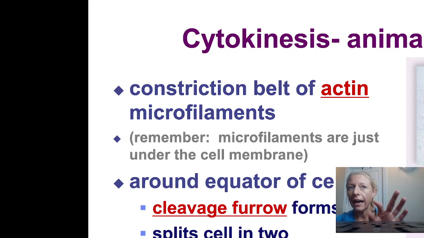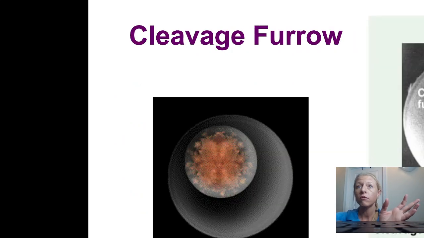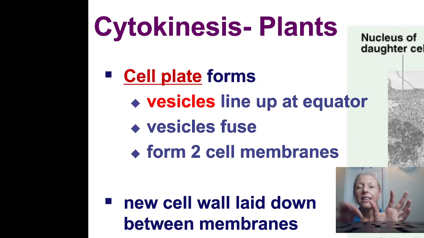Animals have the cleavage furrow, a ring of muscle that tightens and snips off the cells. Plants have a cell plate that eventually becomes the new cell wall.